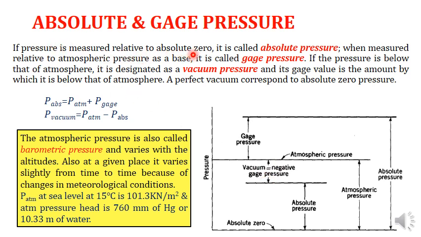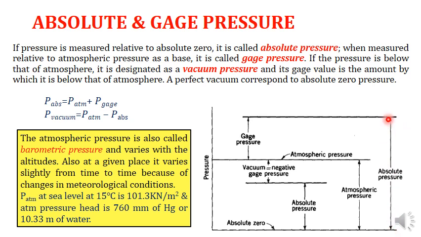If the pressure is measured relative to the absolute zero, your datum point is absolute zero, it is called absolute pressure. Like this: if your fluid is this one, this uppermost line is the fluid under consideration, and you are measuring the pressure of this particular fluid with respect to the absolute zero, then this is going to be called absolute pressure.